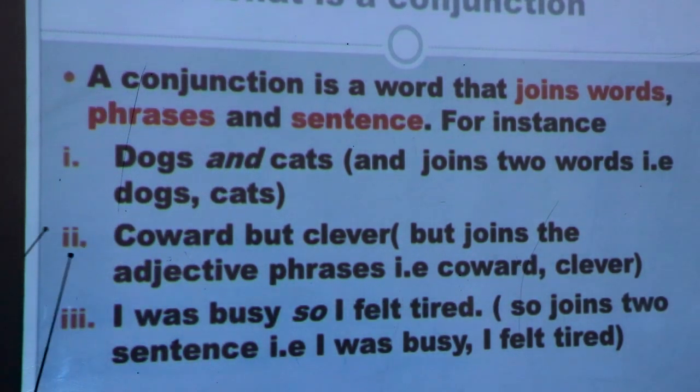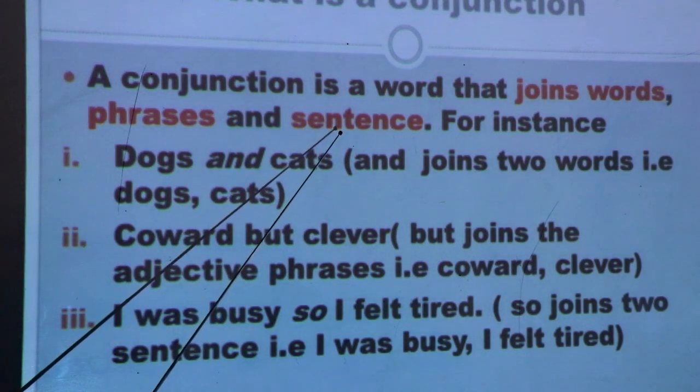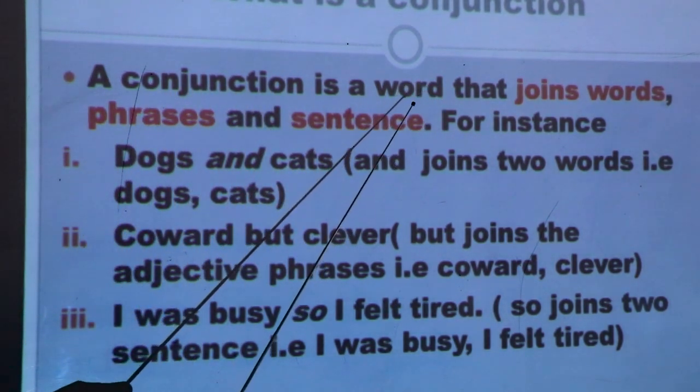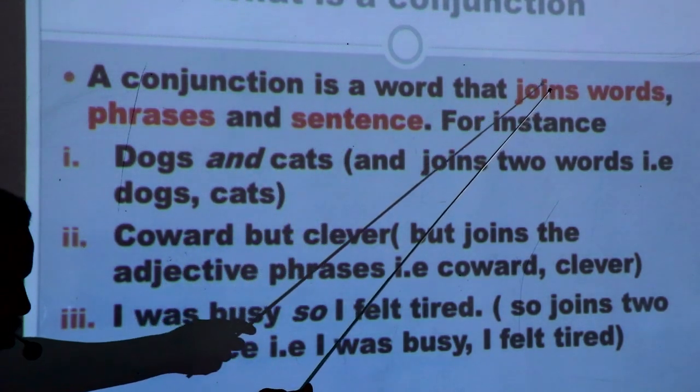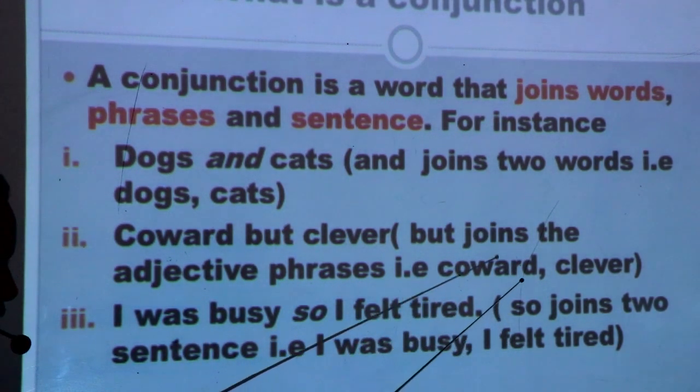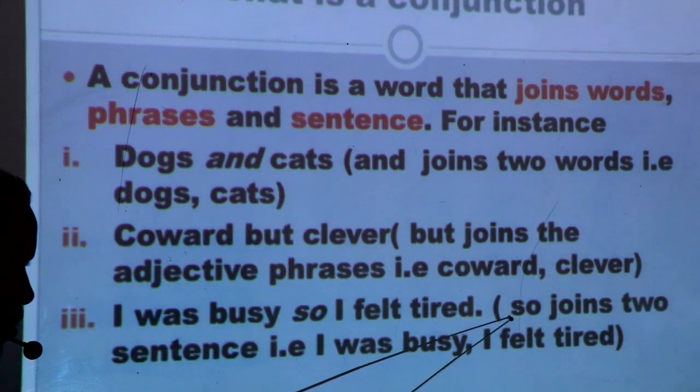Let's go to the third point. We're going to look at how conjunctions join sentences. In this point, you're going to look at: I was busy. This is a sentence. I was busy, so I felt tired. In bracket, that means so.